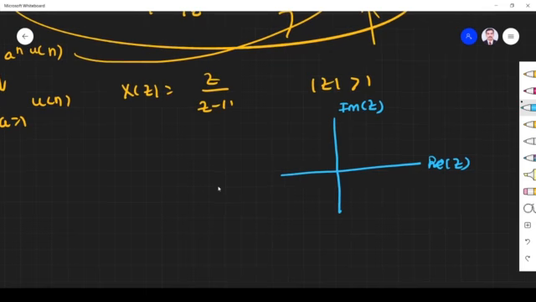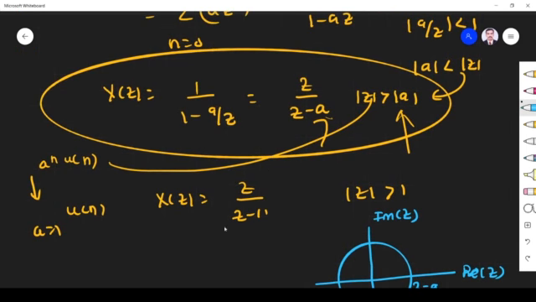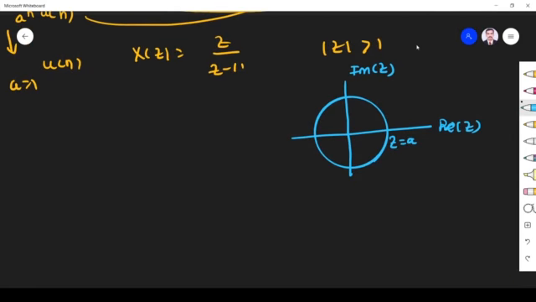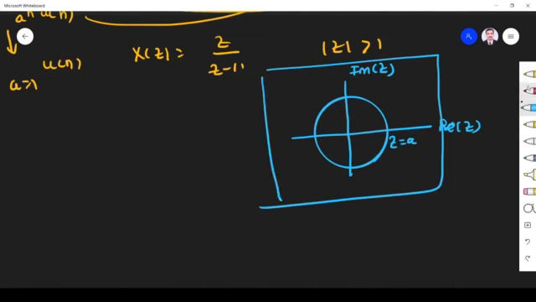Let us have z equal to a circle. This is mod z equal to a. The ROC is mod z greater than a. So let me assume this is the z plane. Mod z must be greater than a means it should lie outside this circle of radius a.